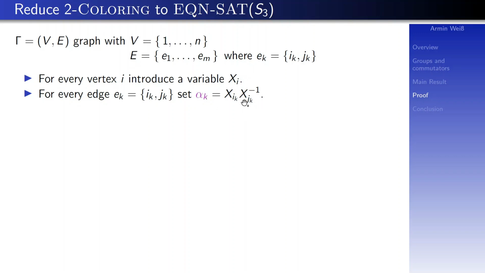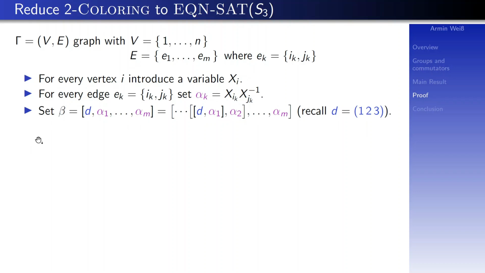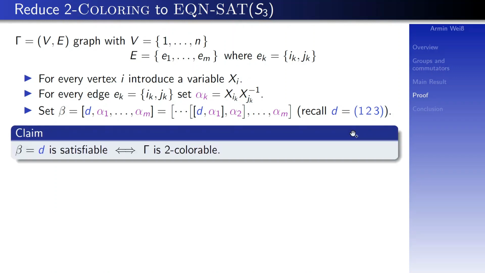And if they have different evaluations, this alpha_k will be not 1. And then we set beta equal to the iterated commutator of this d, where d is the rotation from before, and all these alpha_i. That's just the iterated commutator. And now the claim is that beta equal to d is satisfiable if and only if gamma is two-colorable.